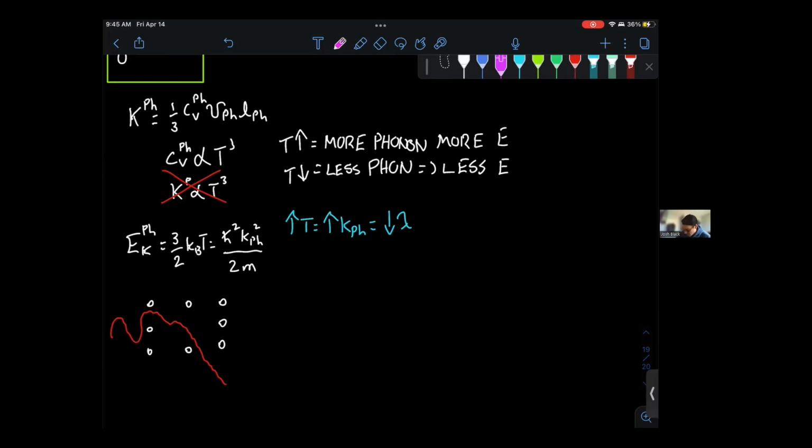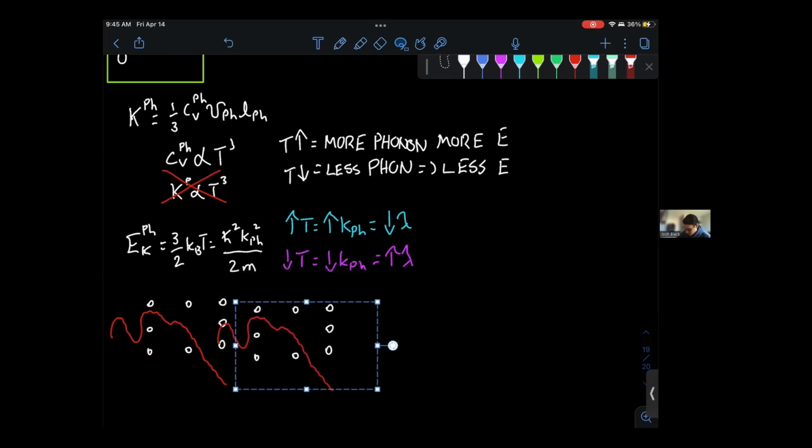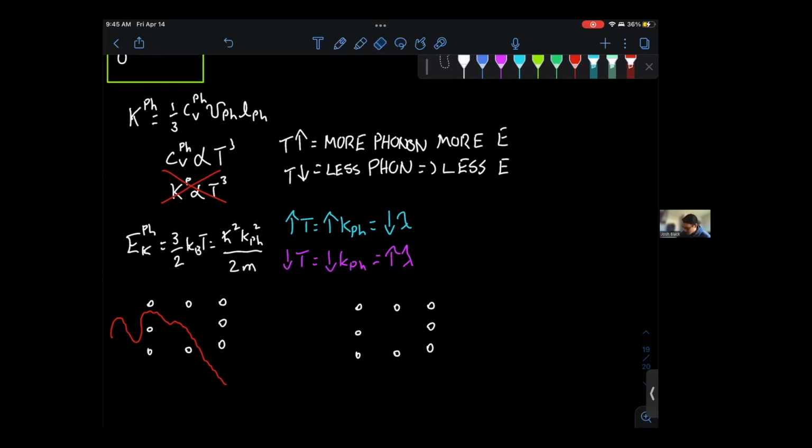If we were to have now a lower temperature, we would have a lower wave vector and a higher wavelength. Meaning if I were to now use this same argument, this wavelength would miss most of the defects.